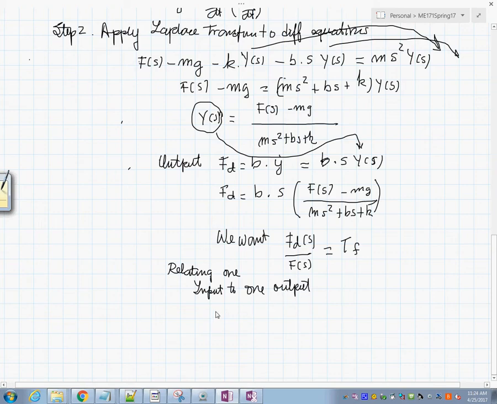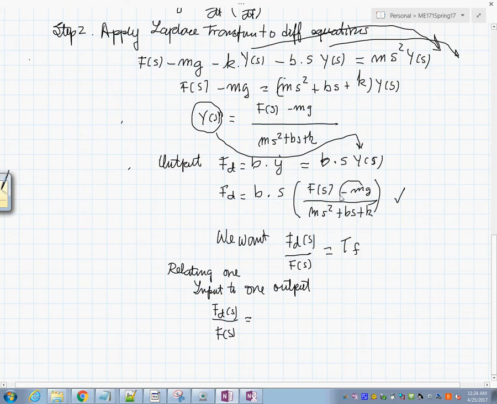You have that this is going to be the transfer function that we want over F of s. We are going to obtain it from here, right?